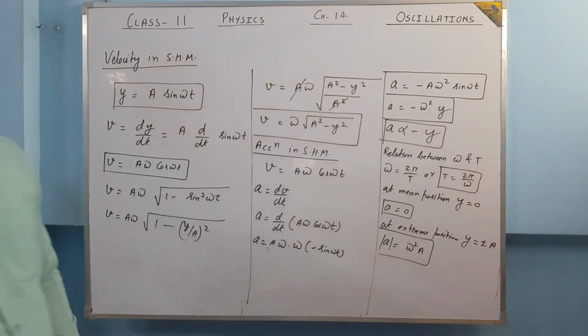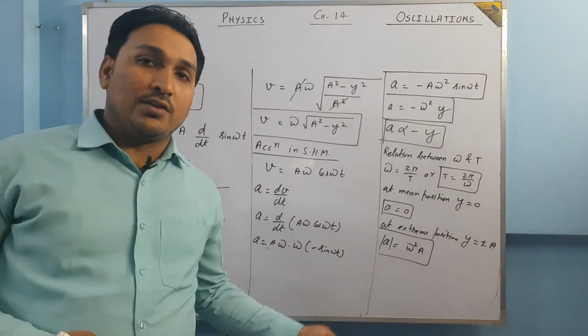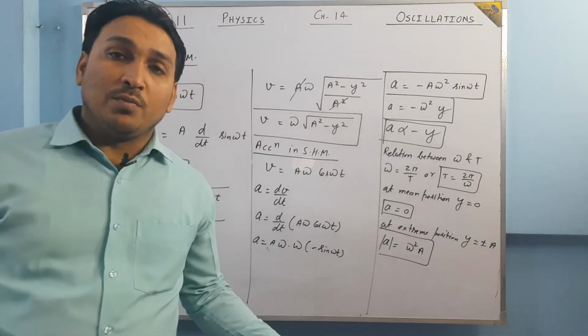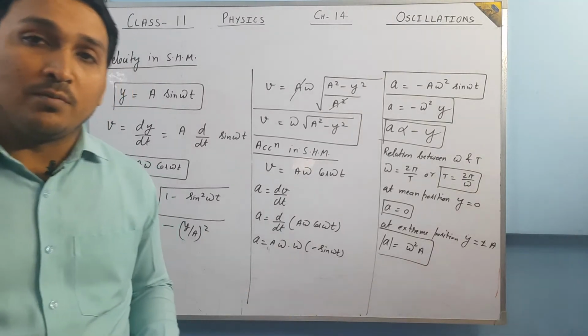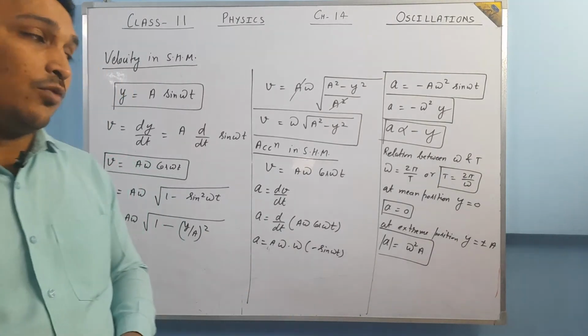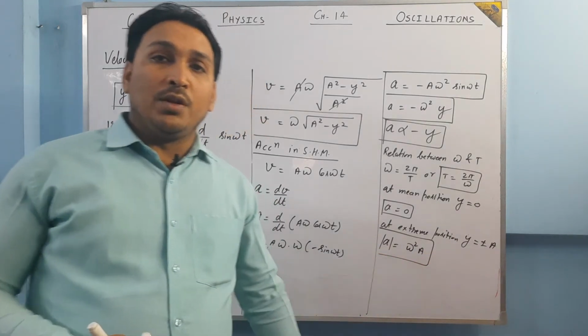The direction of acceleration is always towards the mean position, right? Because acceleration is in the direction in which the force is applied, and the force is towards the mean position. So acceleration is also towards the mean position.